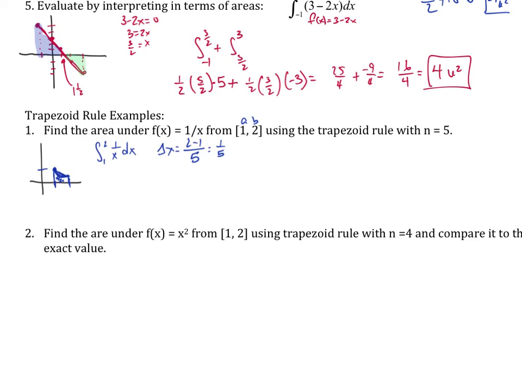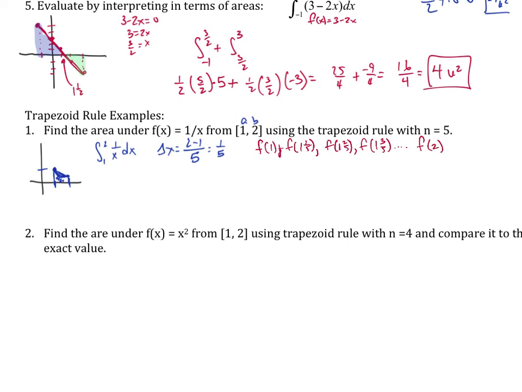So that tells me I'm going to start at f of 1, and then I'm going to go to f of 1 and 1/5, comma, the next one will be f of 1 and 2/5, comma, f of 1 and 3/5, and so on, and I will end up with my last value at f of 2, right?